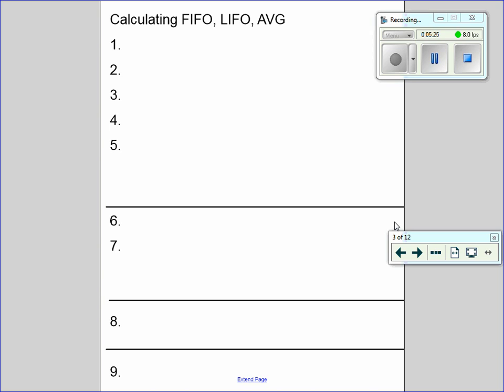So how do you calculate this? Well, the first thing that you have to do is determine the total units, or stuff, available for sale.